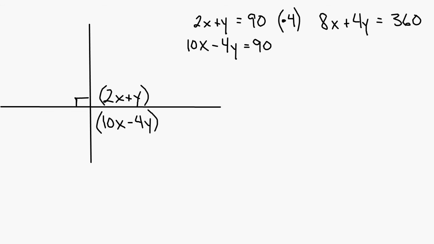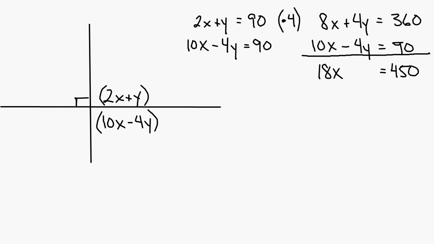And if you do nothing with the bottom equation, you're going to get 10x minus 4y equals 90. And then can't you add the two equations together? So you would get 18x equals 450. Does everybody see that? Understand that?